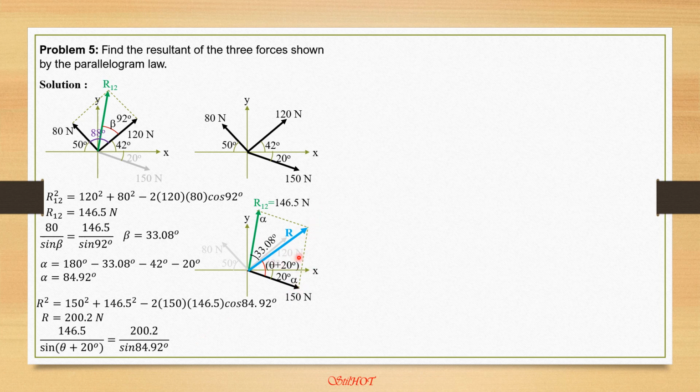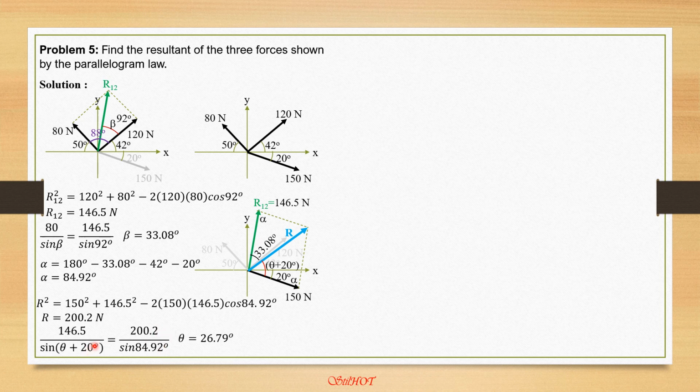So again, 146.5 as to sine of theta plus 20 degrees is equal to 200.2 as to sine of alpha 84.92. So theta therefore is quantity arcsine of quantity 146.5 sine 84.92 over 200.2 minus 20 degrees.